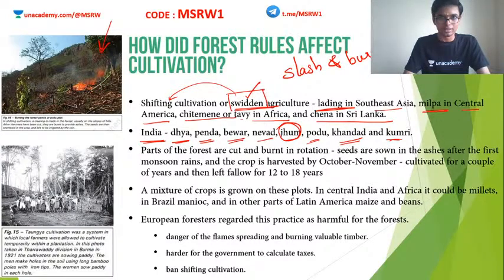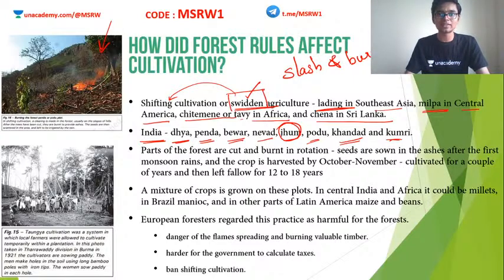Now the patch of trees is cut down and burned, and then in these ashes the seeds are sown. Before the monsoon rains arrive, new seeds are planted in this ash, and the crop is harvested around October-November. Clear?